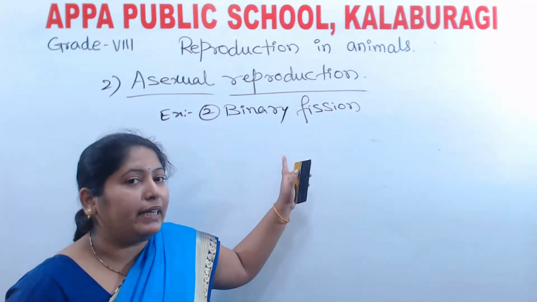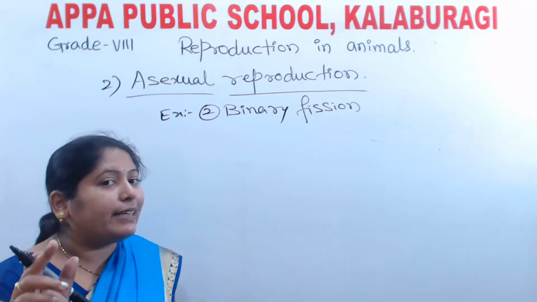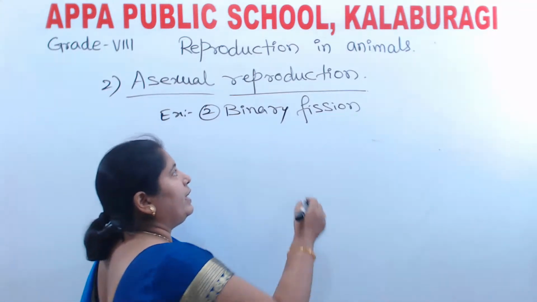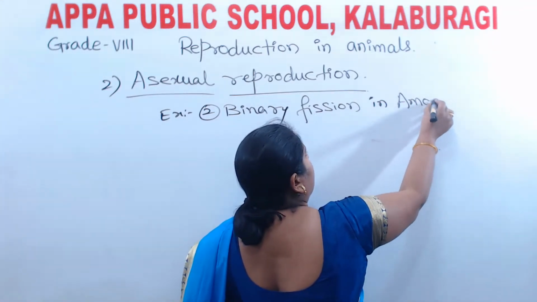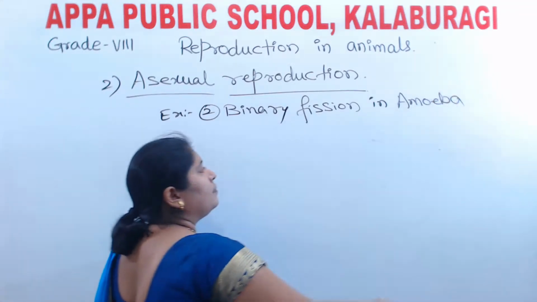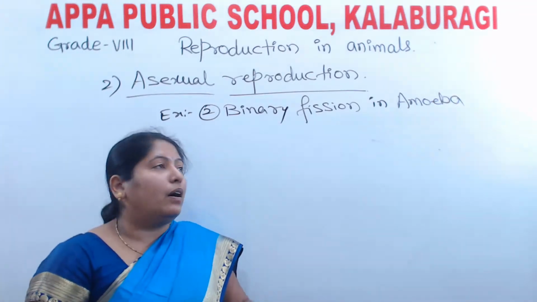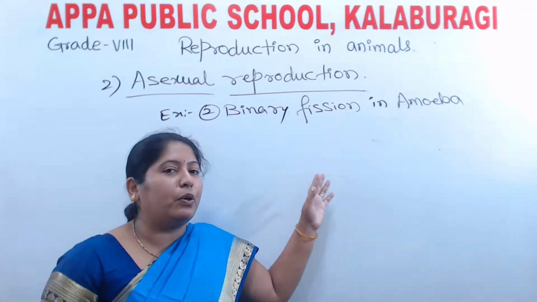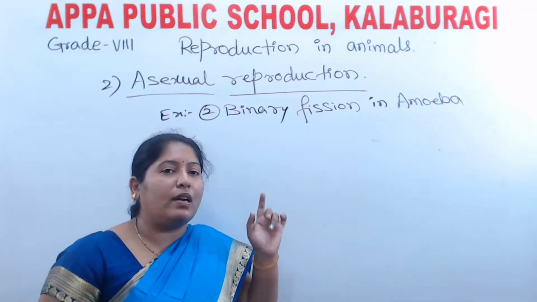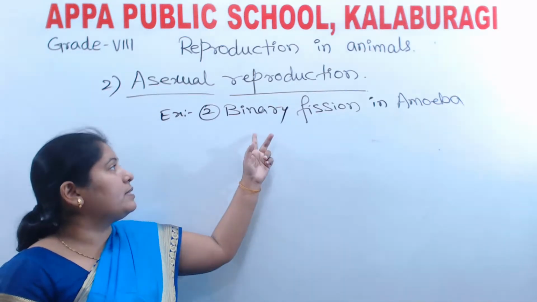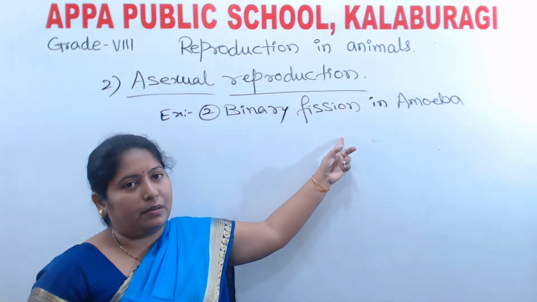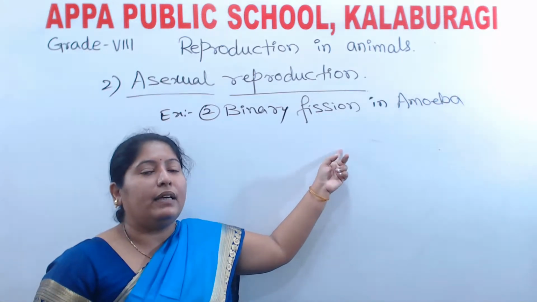We studied binary fission in short with respect to the amoeba especially, right? Binary fission in amoeba. Right? Amoeba is an organism which is usually found in pond waters. Right? It is a unicellular organism which reproduces by the process of binary fission.